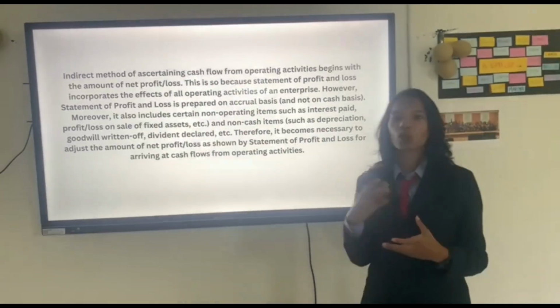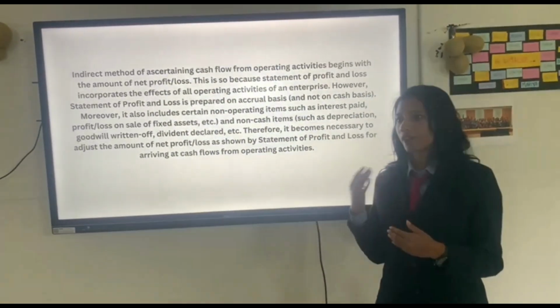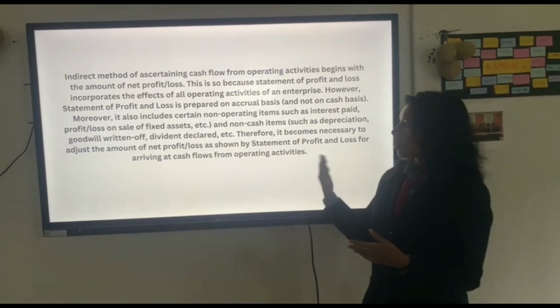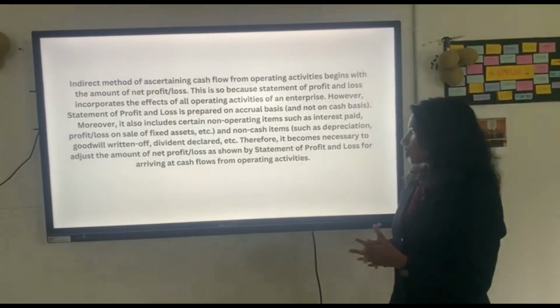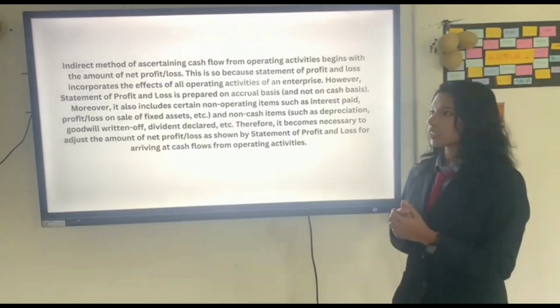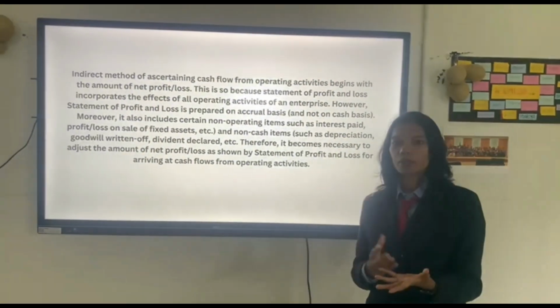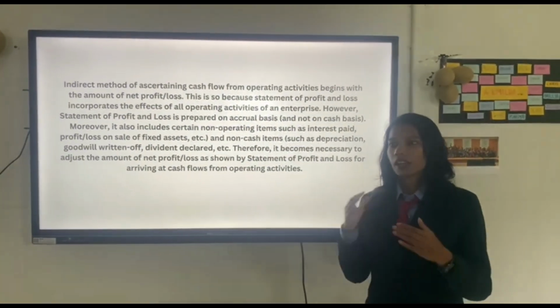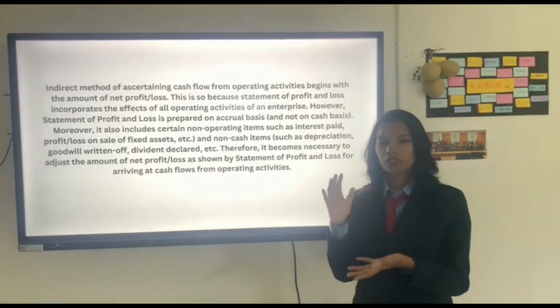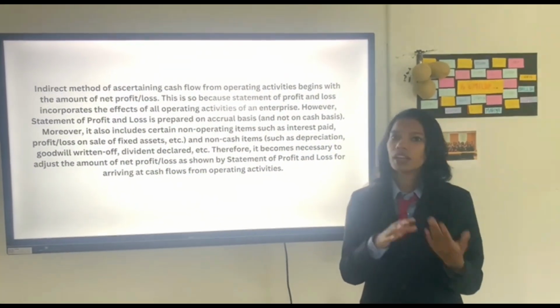So there are certain non-cash items like depreciation which have to be adjusted, and therefore it becomes very necessary to adjust the amount of net profit or loss as shown by the statement of P&L for arriving at the cash flow from operating activities. So the only difference between the direct and indirect method comes in the operating activities. Only the operating activities format is different from that of the direct method.